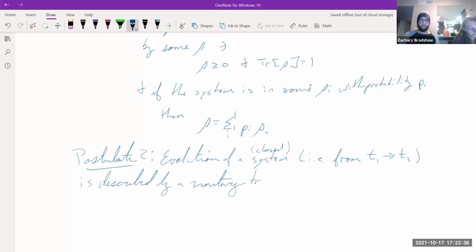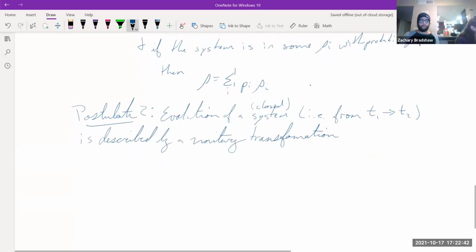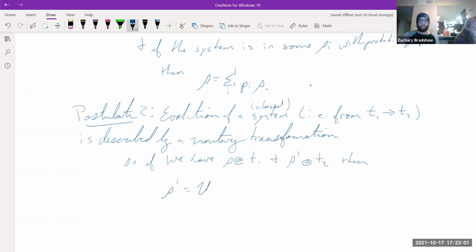So closed transformation. Okay. And so if we have rho at T1 and rho prime at T2, then rho prime is equal to rho conjugated by a unitary.